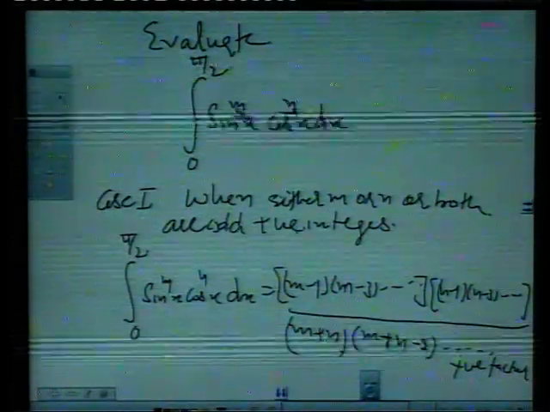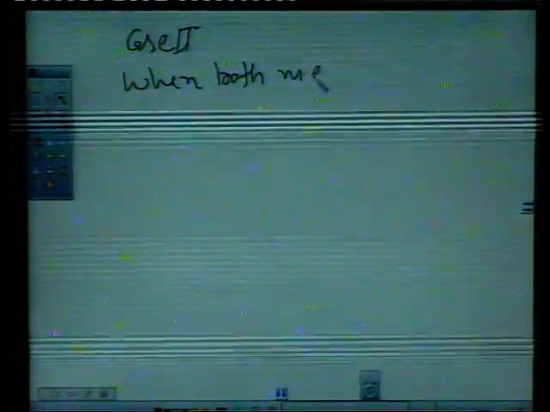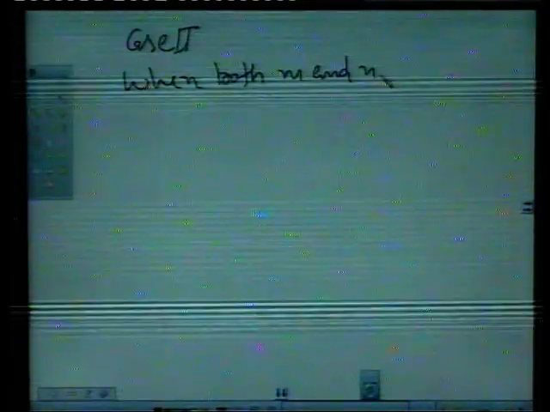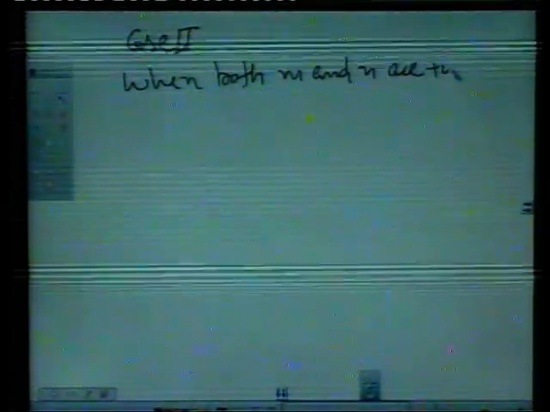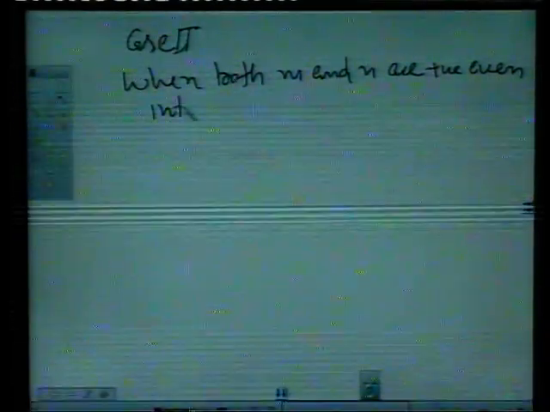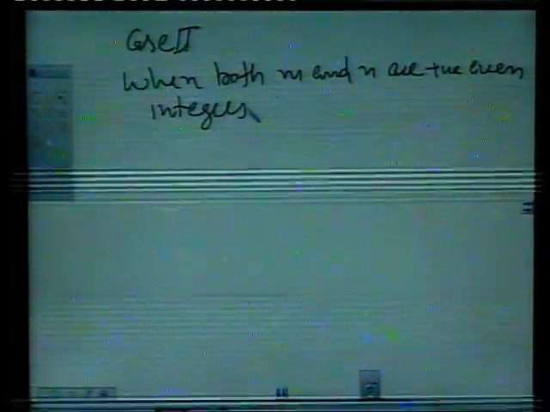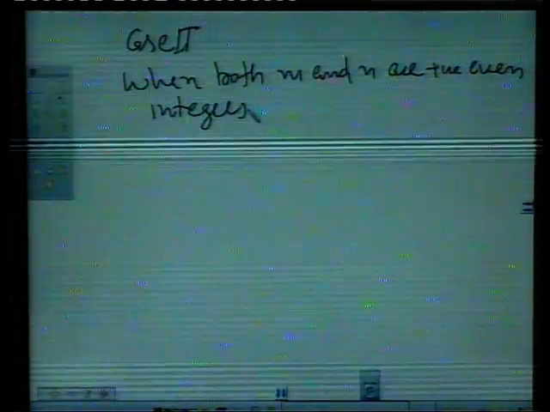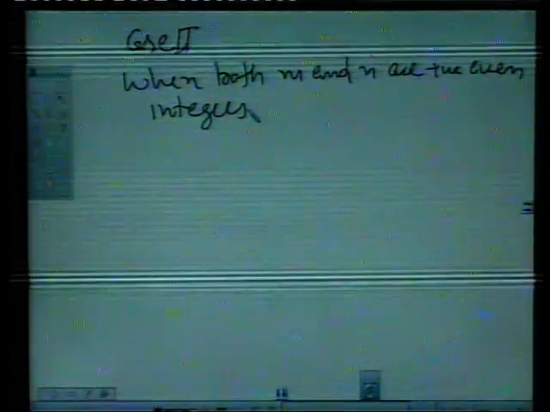Now, second case, when both m and n are positive even integers.